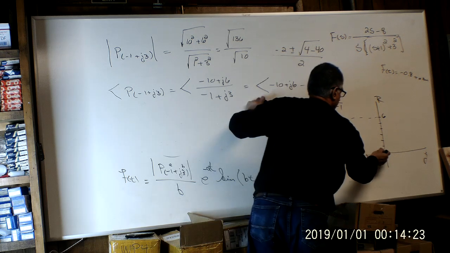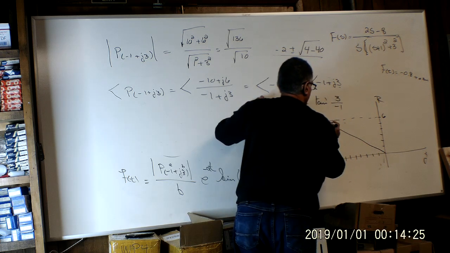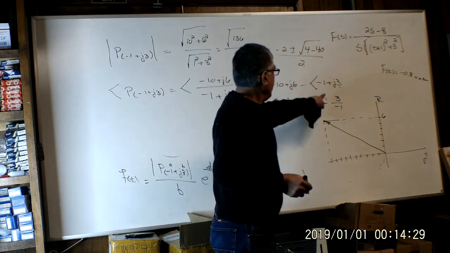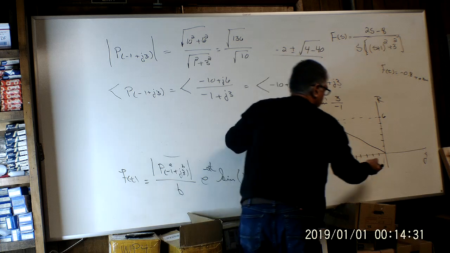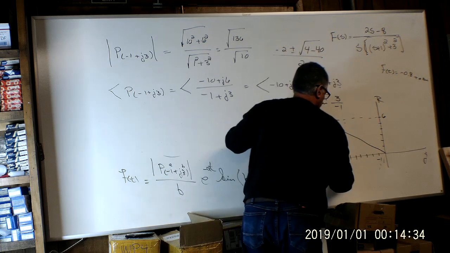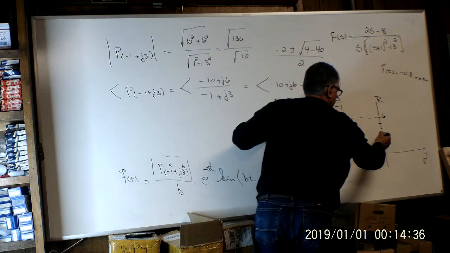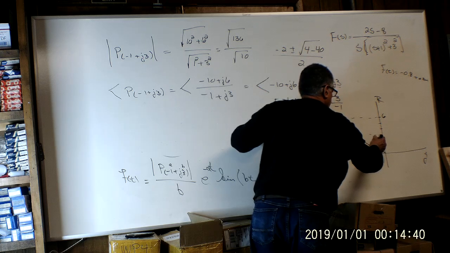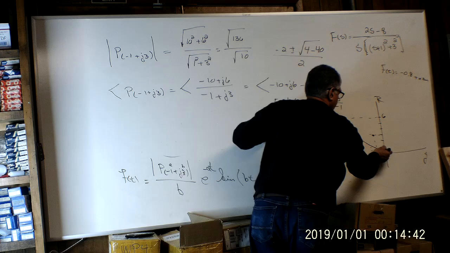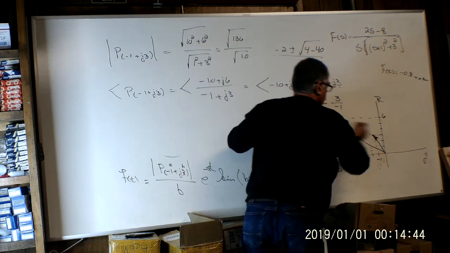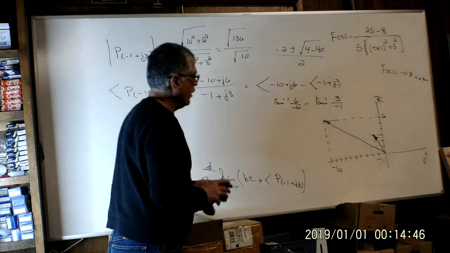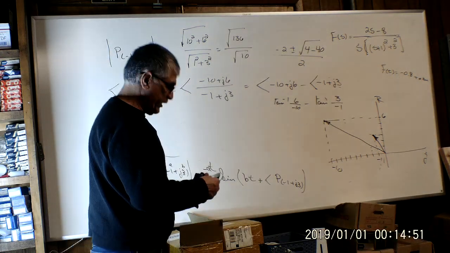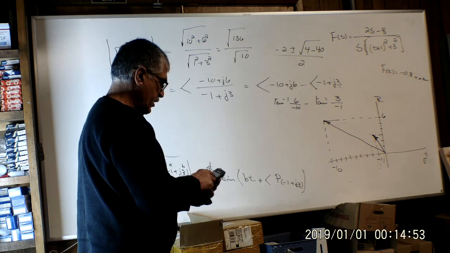So here we have this vector, and here we have minus 1 plus j3. Minus 1, this is minus 10, plus j3. Minus 1, sorry, right here. So we will have this. So let's find the tangent inverse of 6 divided by minus 10.